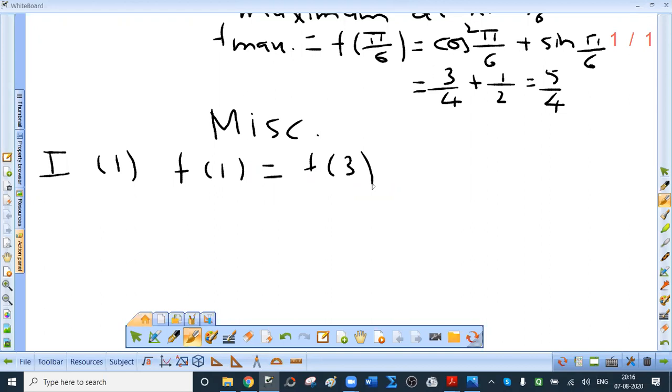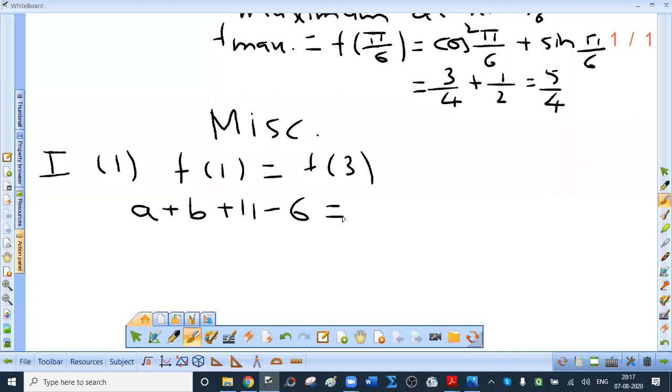F of 1 is value of the function at x equal to 1. Find out. Replace every x by 1. So see what we get. We get a plus b, plus 11 minus 6. And what is f of 3?